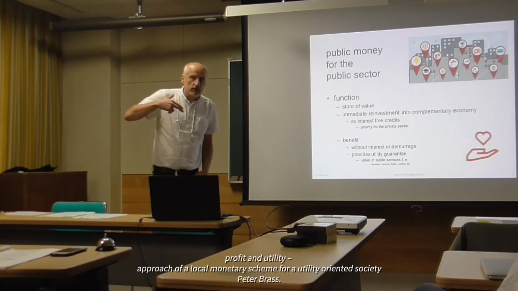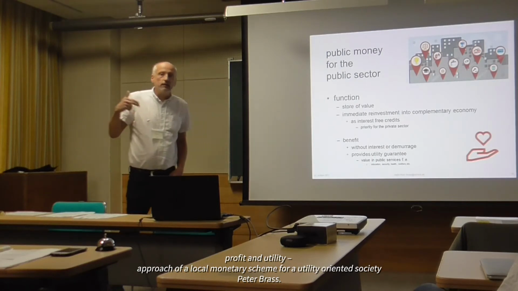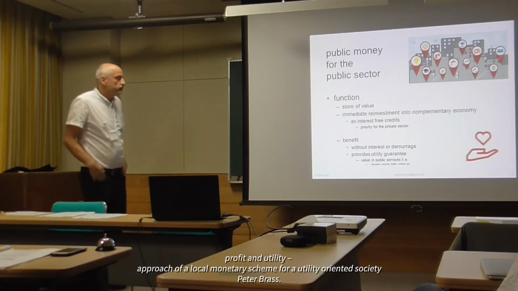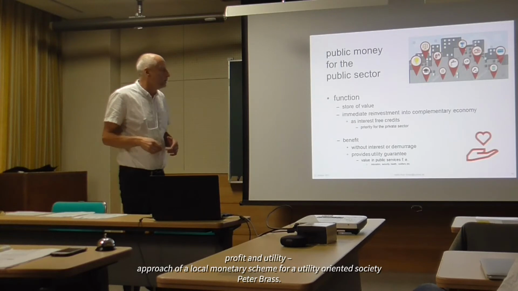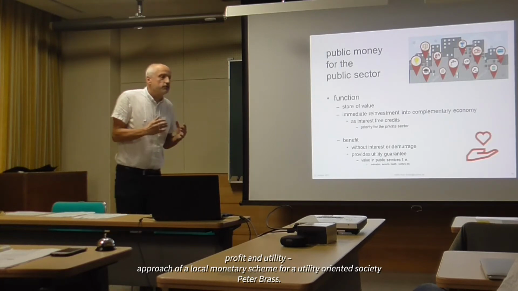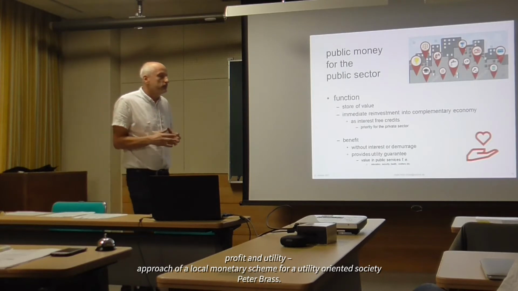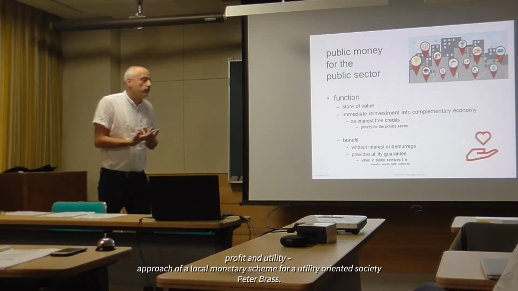If the private sector is saturated, the public sector has to take on lending the savings. And the main benefit: this money is without interest and demurrage, and should provide utility guarantee. In this case utility guarantee means the value is not in the money, the value is in the public services.